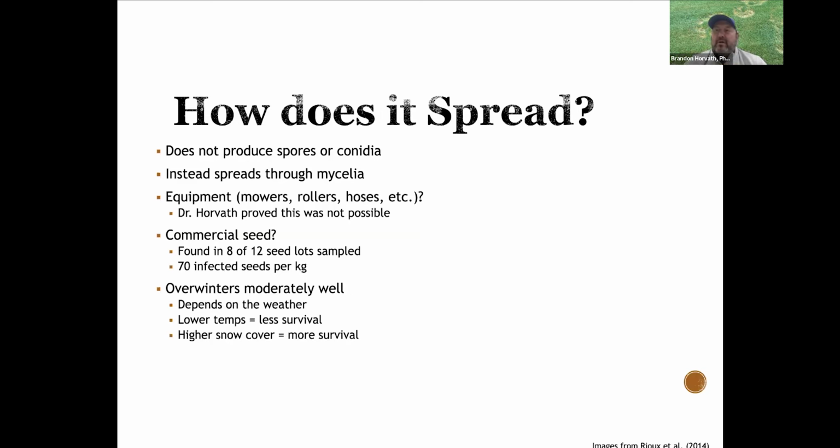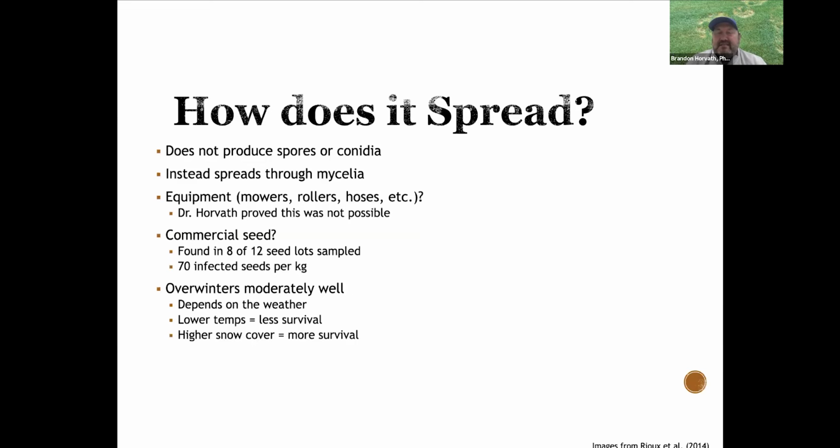So one of the questions was, okay, where would this place be? Where would it be coming from? And so Ryu looked at commercial seed and found that in 8 of the 12 lots of seed that were sampled, they were able to find dollar spot in that seed lot. It wasn't very much. It was very low frequency, but it was present in the seed.